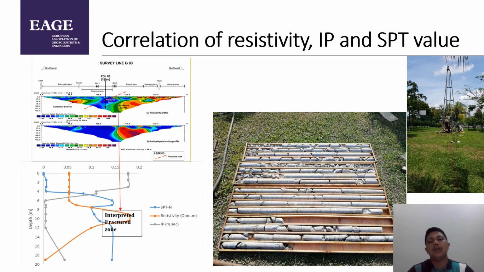Okay, now this is the most important slide. We try to relate the resistivity and IP values with the SPT N value. We plotted them together, and here you can see the blue color, the SPT values drop here, which is at the fractured zone.